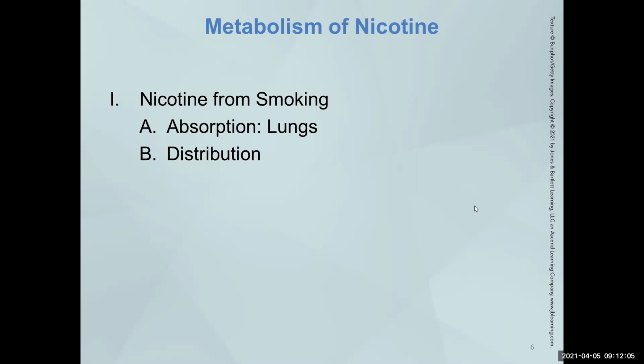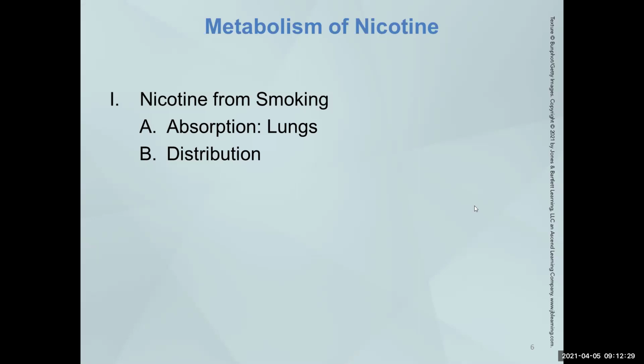So the smokeless tobacco is placed in the mouth, and the amount of nicotine absorbed is 3 to 4 times the amount delivered by a cigarette. 3 to 4 times the amount. The nicotine concentration declines over about 2 hours, and it can last up to 24 hours as it declines.